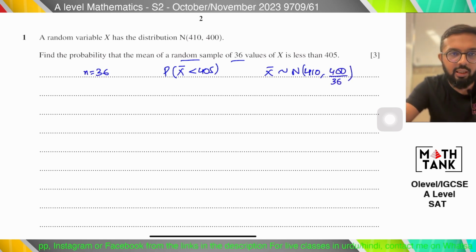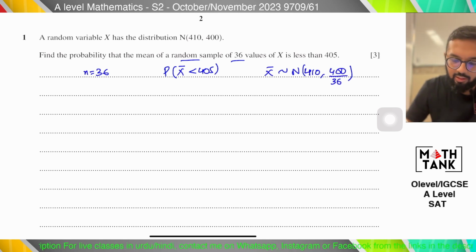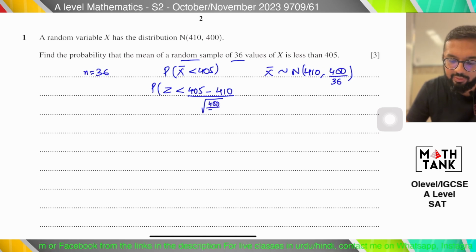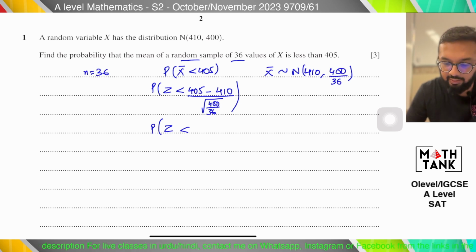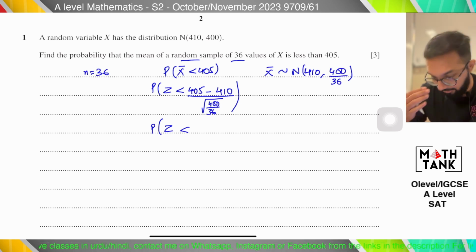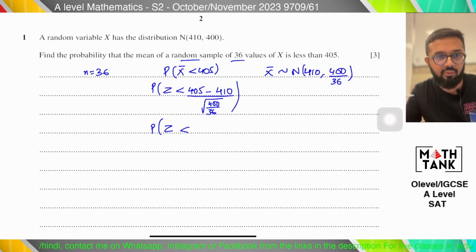Okay, so in that case, I get probability of z less than 405 minus 410 over root of 400 over 36. That gives me z is less than, I think, 1.5 something.